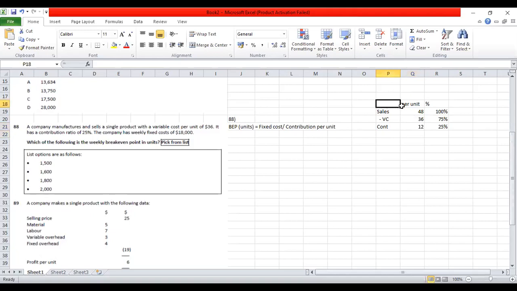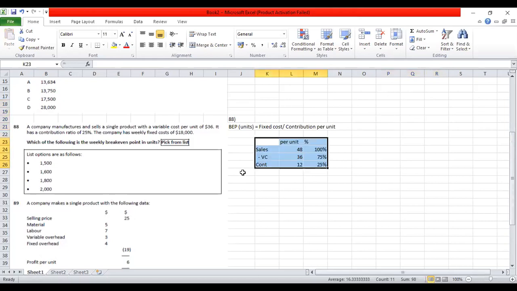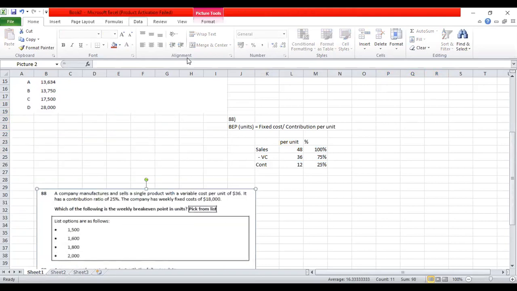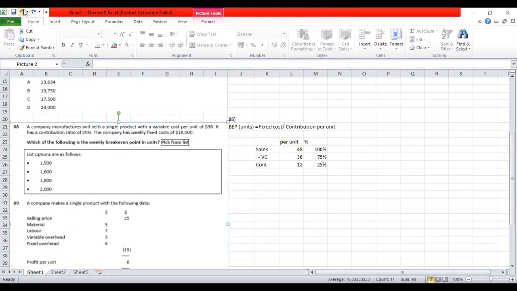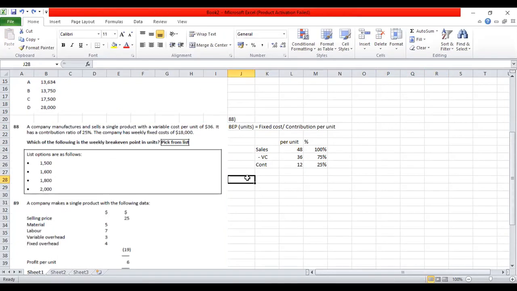Yes, we can. Fixed cost is 18,000. 18,000 divided by 12 is 1,500 units.